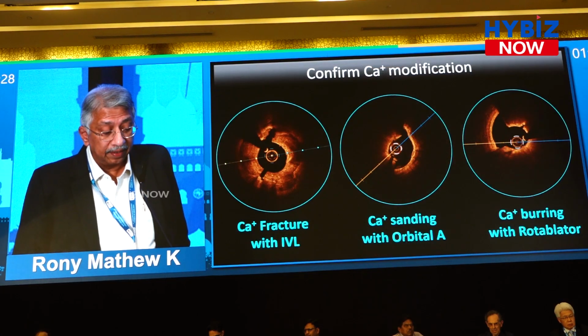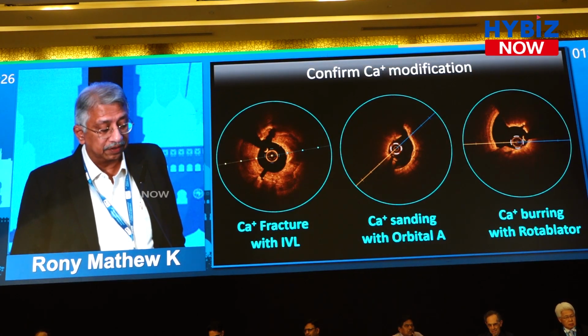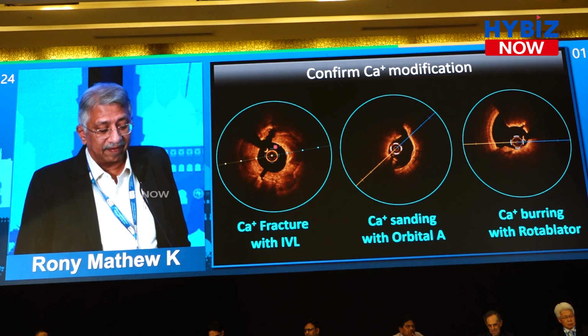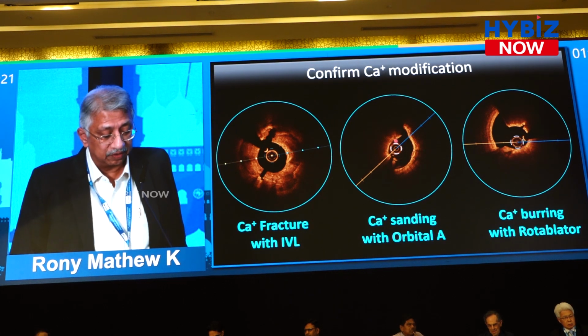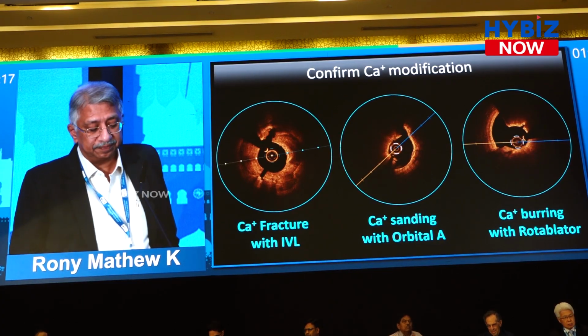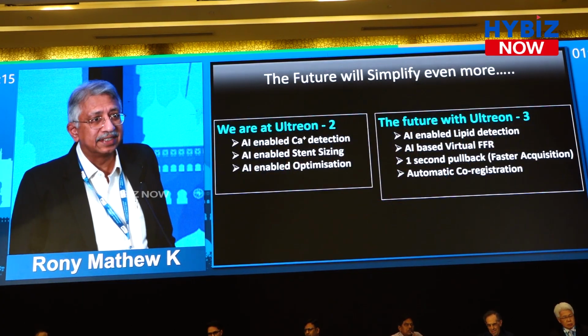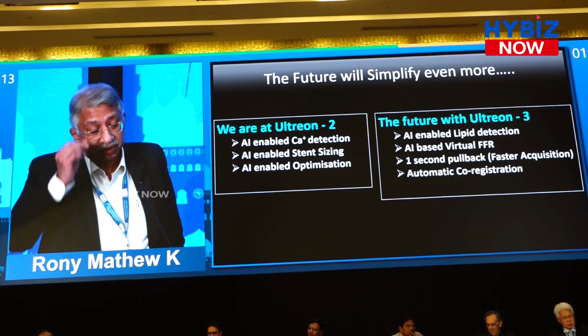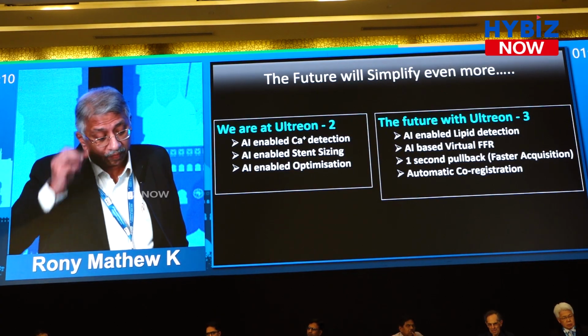And importantly, it confirms calcium modification. With an IVUS, you see the cracks well, you see orbital, you see the sanding. With a rotablator, you see the burr segment. And as we just said, I think this future will simplify it even more. We are here.